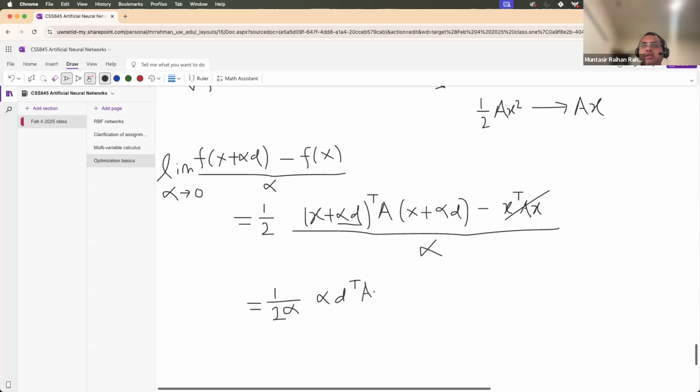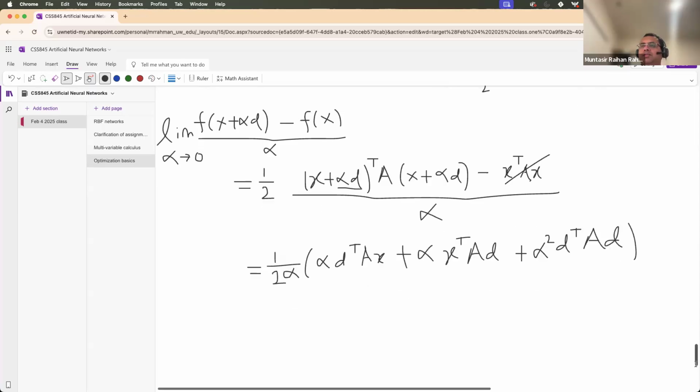Then I have another term, x transpose A alpha d, so alpha goes in the front: alpha x transpose A d. And the last term is alpha d transpose A alpha d, which is a quadratic term in alpha, so alpha squared d transpose A d.